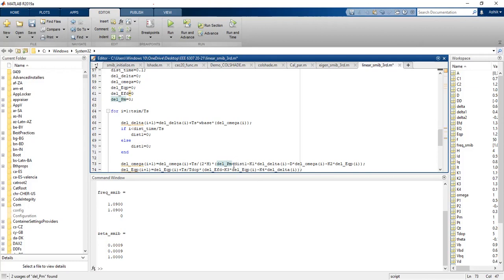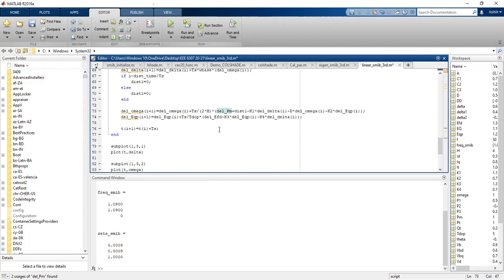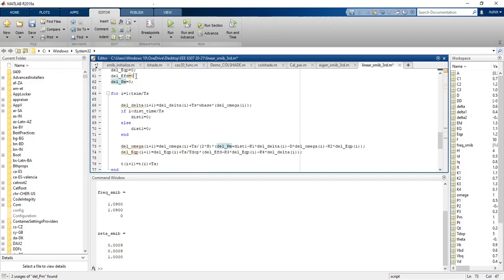But we have to know that this disturbance is actually some sort of delta PM, because in the nonlinear model we applied a change in PM, and we want to compare the response here for the linear model with the one that we got for the nonlinear model. Okay, so we have given them the values of zeros.